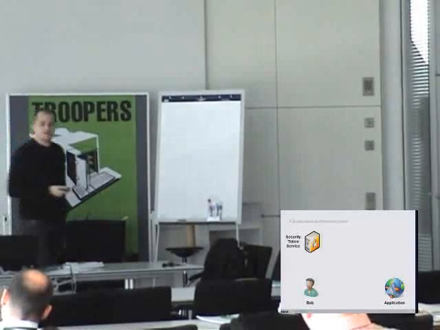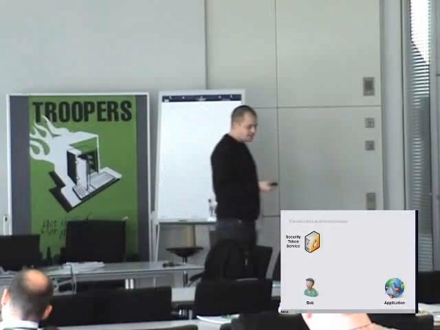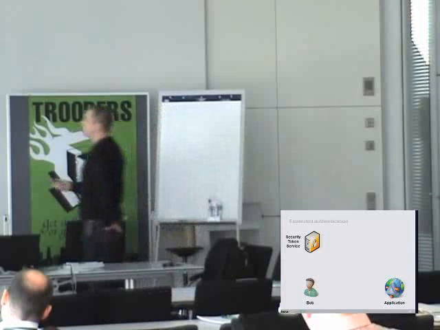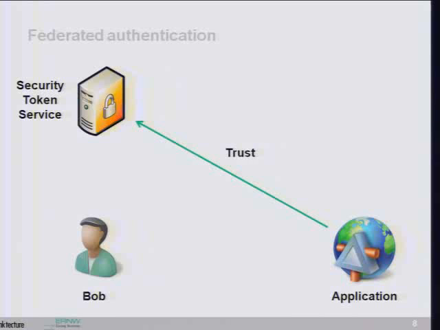So the whole idea of how federated authentication works is typically that a user, Bob, first of all, authenticates. The application that Bob wants to talk to has to establish some sort of trust with a thing called a security token service. So Bob authenticates with a security token service, and he could authenticate using, for example, integrated Windows authentication or client certificates or his password, whatever makes sense on his side of the world.